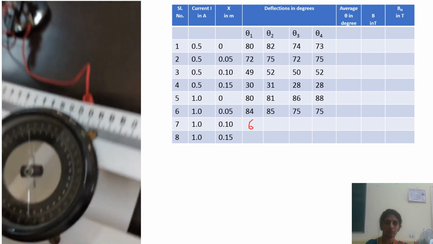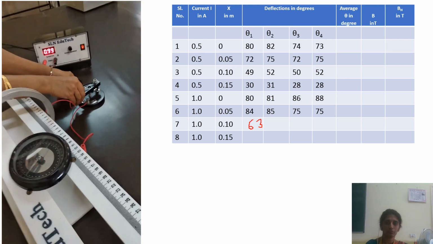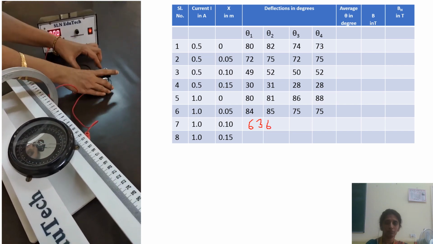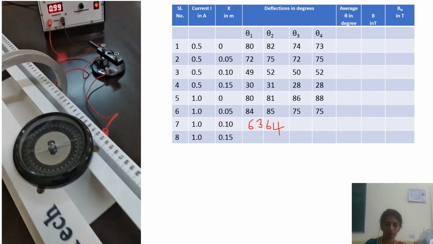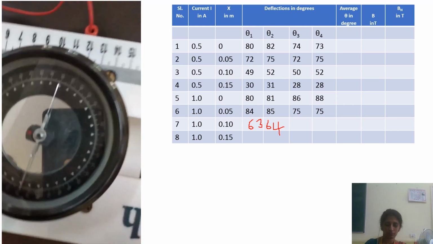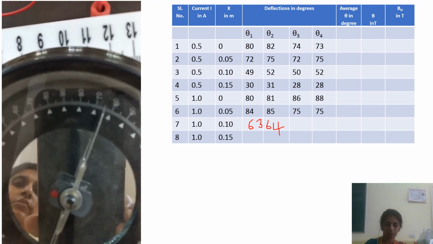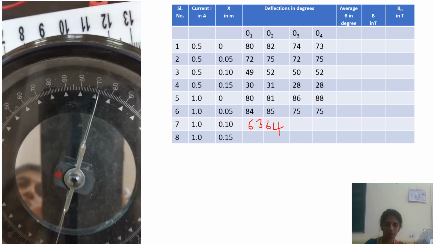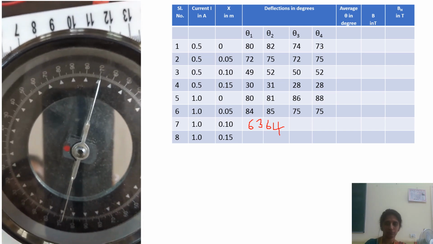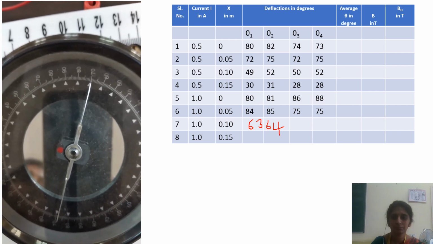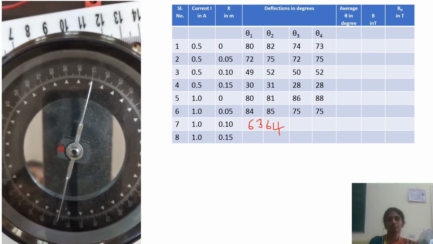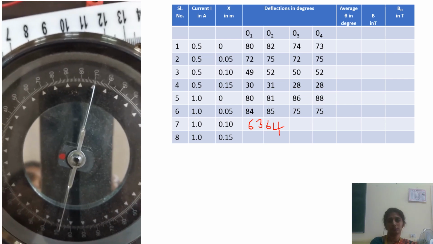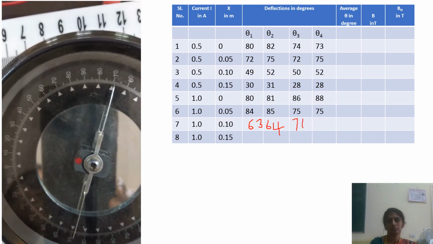Let us reverse the flow of current and note down theta 3 and theta 4. One is at 70, another is at 71. 70 and 71 are the readings, theta 3 and theta 4.